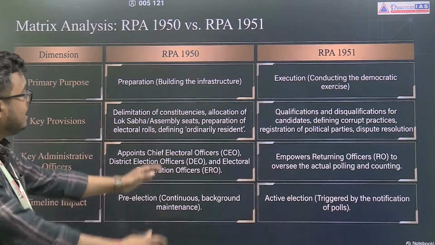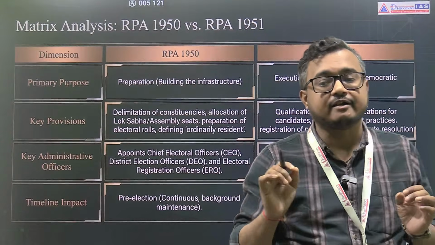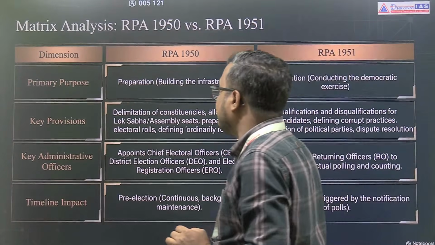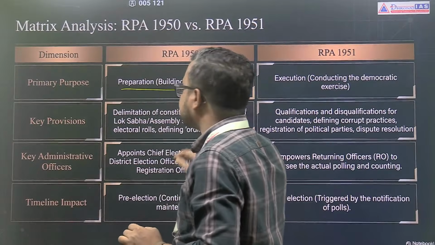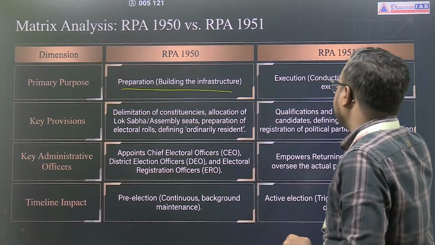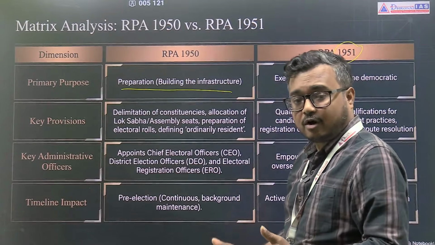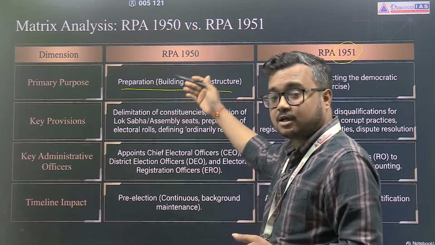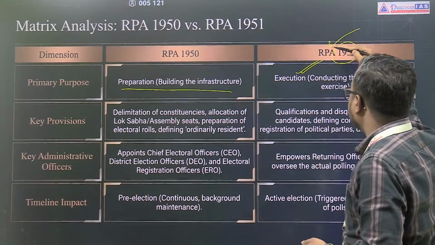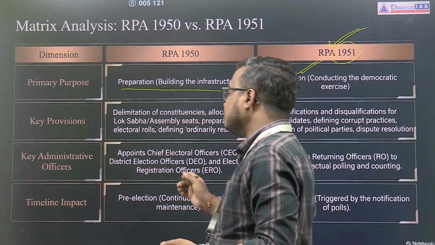Now, let's have a quick chart between these two, RPA 1950 and 1951. The primary purpose of 1950 was building the infrastructure, the setup, the foundation, and 1951 is about the execution. Since we have the foundation, we are mostly concentrated on 1951, the execution part. What about the key provisions?